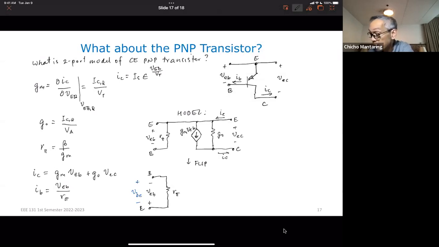Okay, now on the output side. So this is my emitter, this is my collector. Okay, this is plus minus VEC. Again, I could make this plus minus VCE.